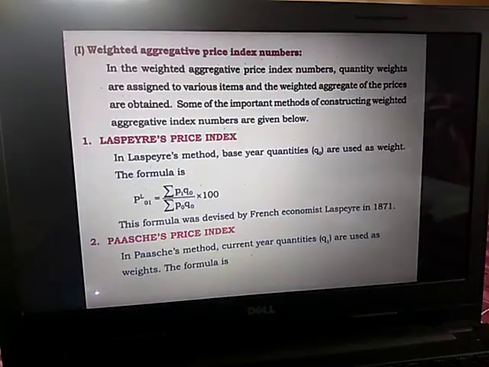Another method is Paasche's price index. In Paasche's method, the current year quantities, that is Q1, are used as weights.